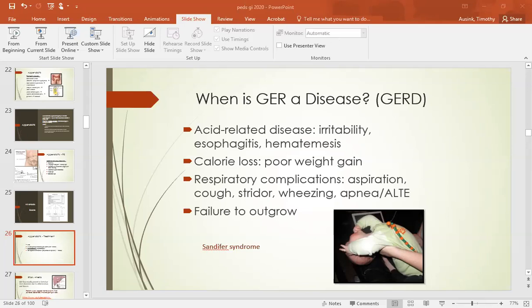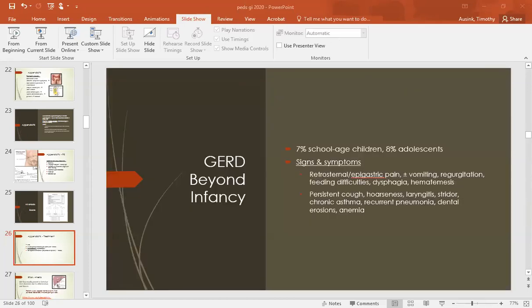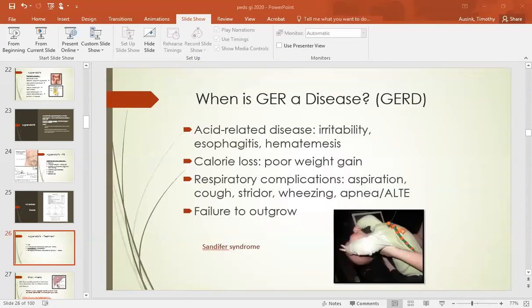If their growth charts are going the wrong way, then we really want to approach this like a disease state, and then it does become more emergent, right? Or at least urgent. Sandifer syndrome is where they actually have secondary problems due to the GERD, okay? And you can look it up because there are some criteria that they put there. It's not super high yield, but it might be nice to just take a peek at.